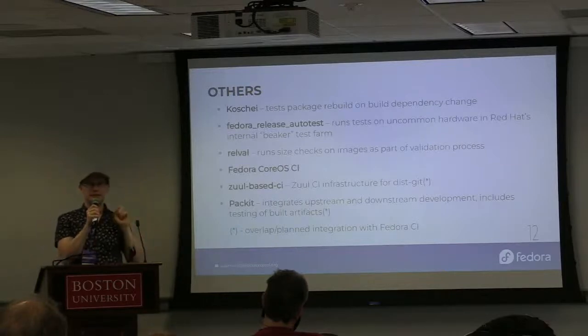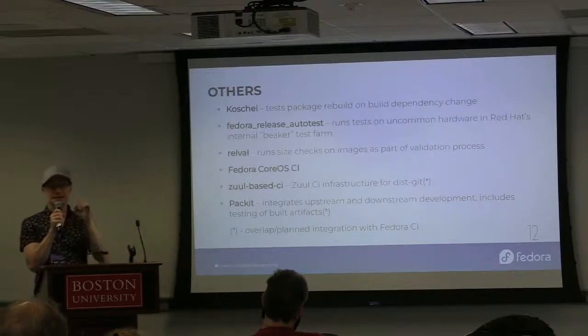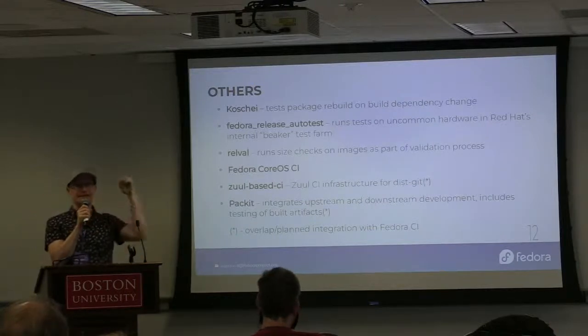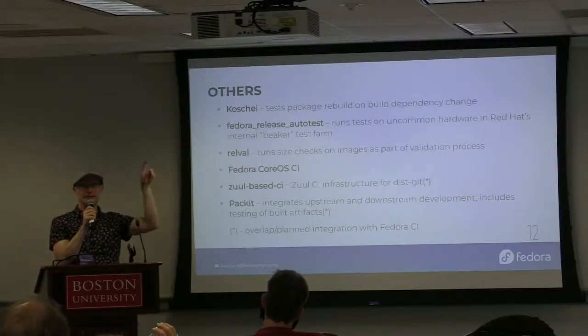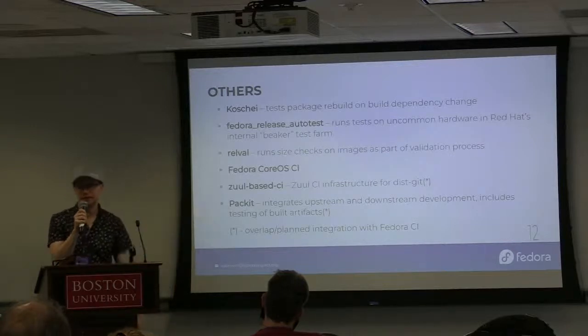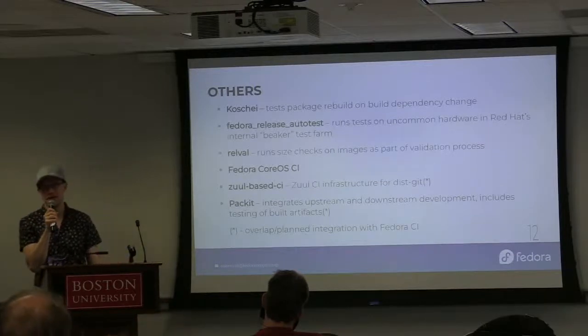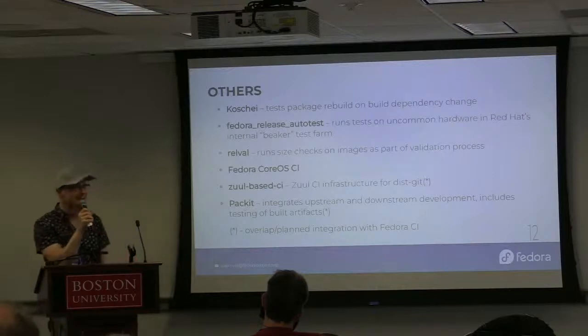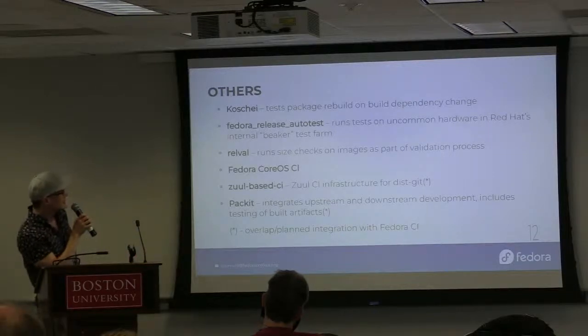It notices when there's a new compose, and when there is, it generates the tests to send into Beaker to test that it installs on that hardware, and then it pulls those results out and puts them into public Fedora record tracking. So that's how we can test on that hardware now, which is great because we don't have to run around trying to find the one person who has this hardware to test it. So that's a neat thing.